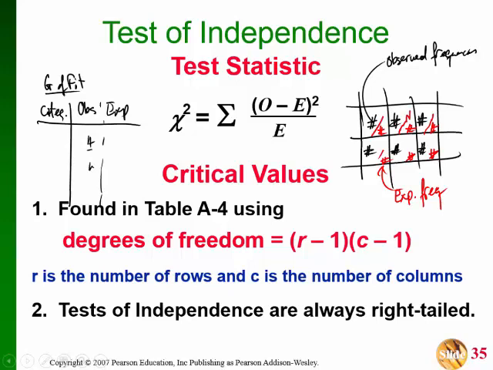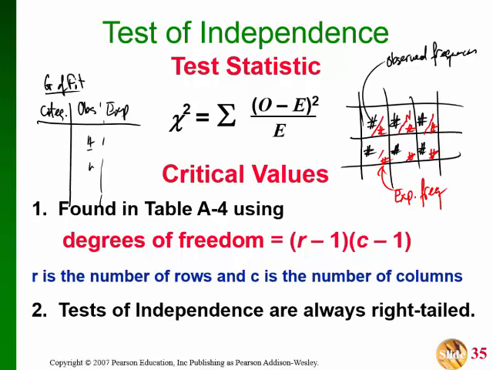So if you were to use what we've been calling the traditional method versus the p-value method, the traditional method, we're going to need to have the critical values. So this is our test statistic. We're going to need to find a critical value from table A4. And the critical value from table A4 relies on some degrees of freedom. And the degrees of freedom for a one-way frequency table, remember, was the number of categories minus 1, k minus 1.